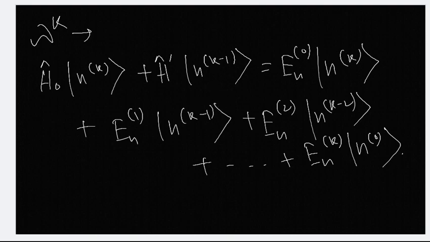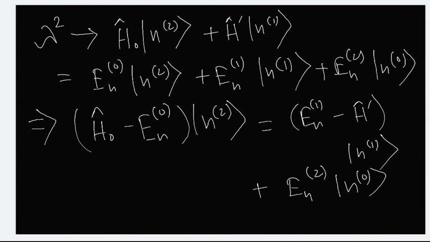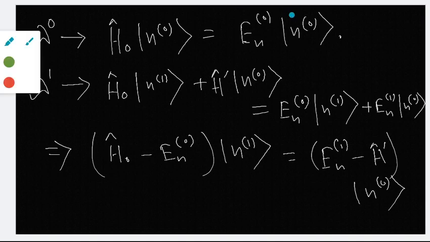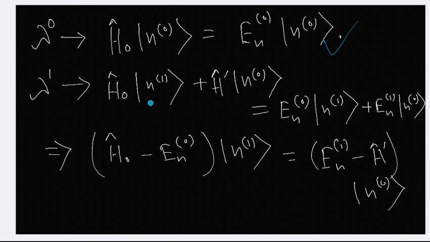Now we shall analyze one by one. The first one is a very trivial case, which is part of the Schrodinger equation. But you can find the effect of perturbation, that means the non-trivial effect should start from lambda to the power 1.